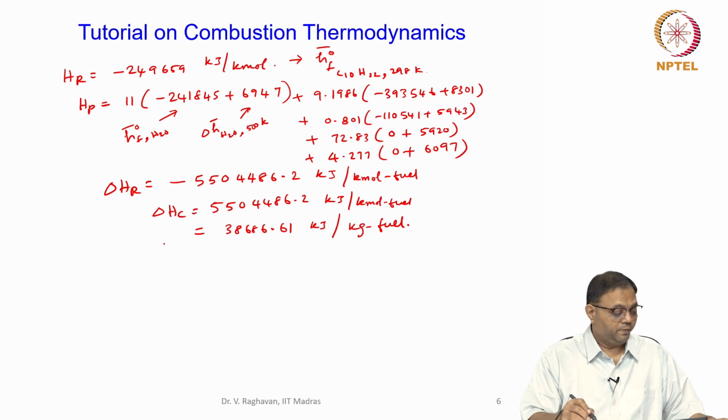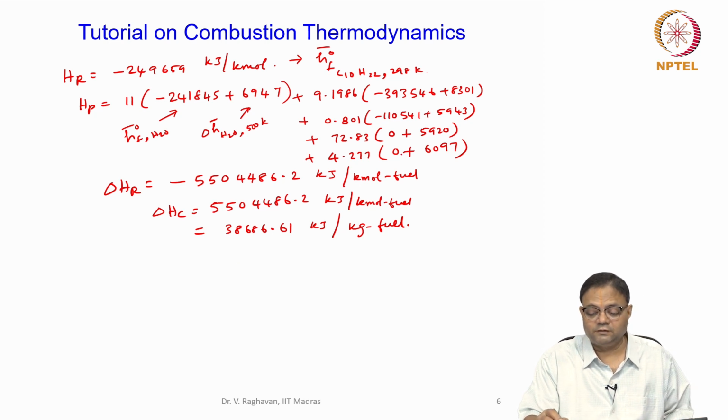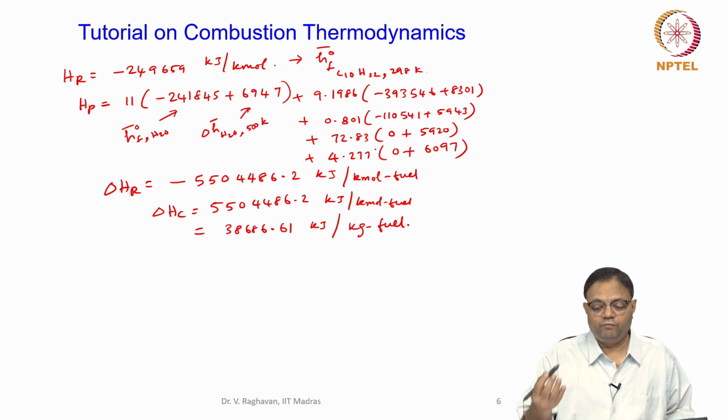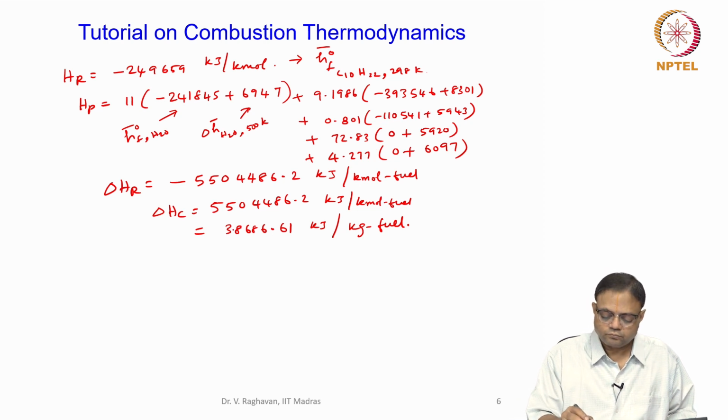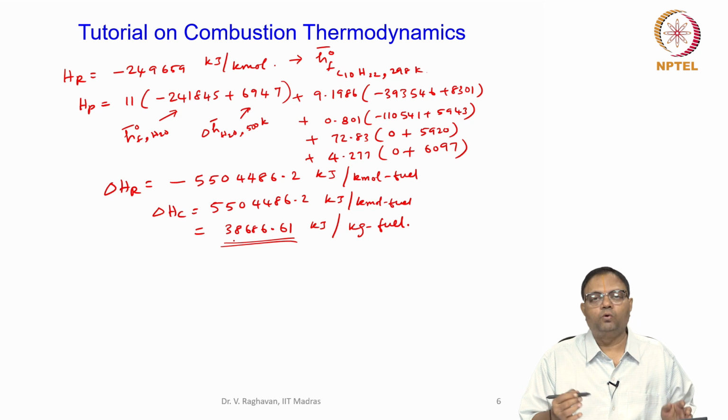Here you can see that nitrogen and oxygen are present in the products, plus the temperature of the products is 500 degrees, not 298. So the heat coming out is lesser.